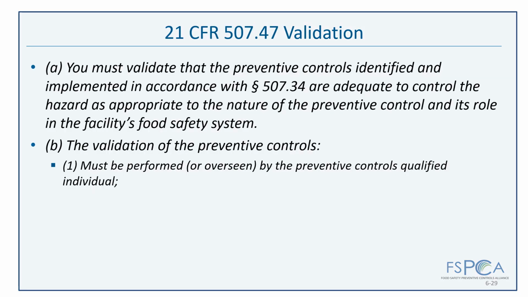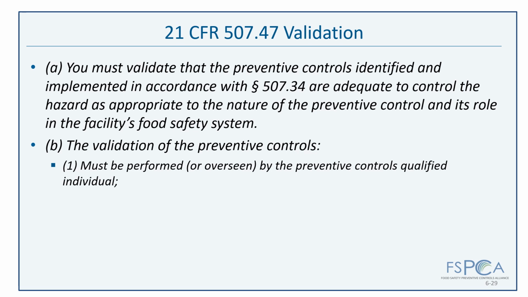Here's the actual regulation on validation. This is 507.47. You must validate that the preventive controls identified and implemented in accordance with 507.34 are adequate to control the hazard as appropriate to the nature of the preventive control and its role in the facility's food safety system.